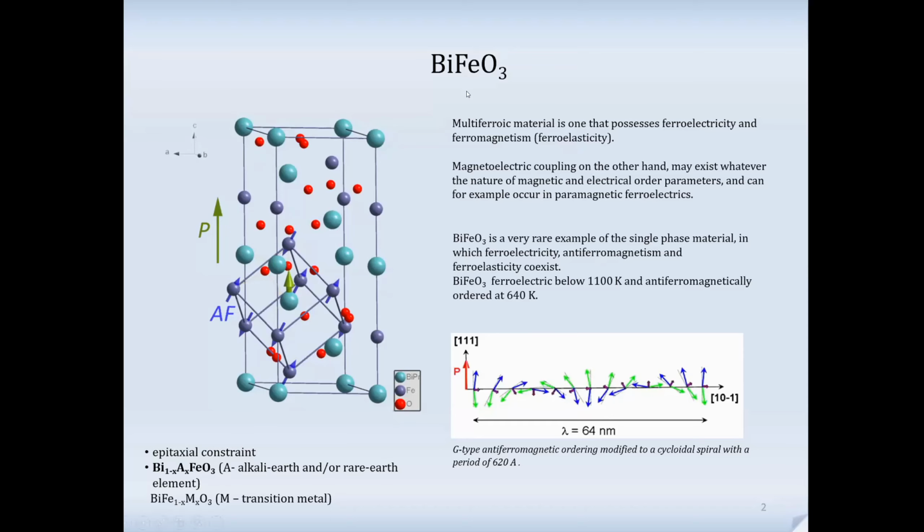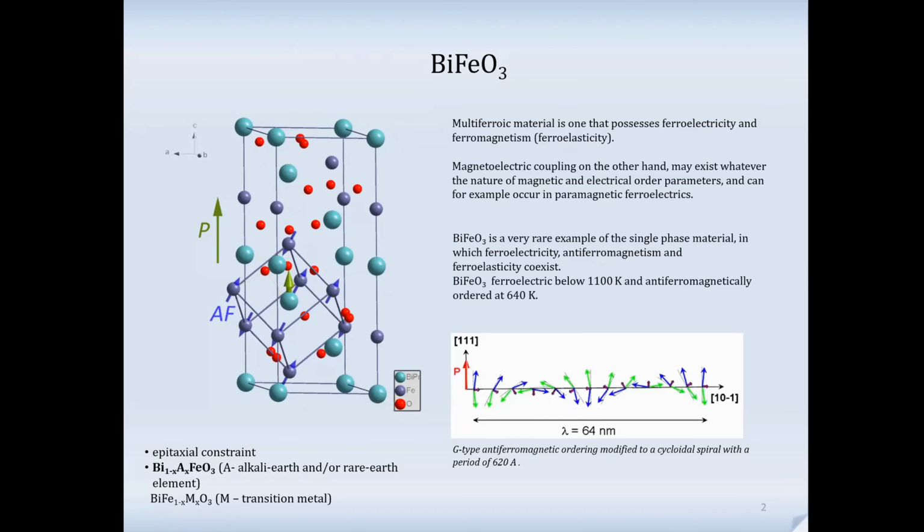We substitute bismuth ions, which are located in the A position of the perovskite structure. We also substitute iron ions with other transition metal elements, and we try to find some kind of balance to keep these ferroic orders active and useful for us.